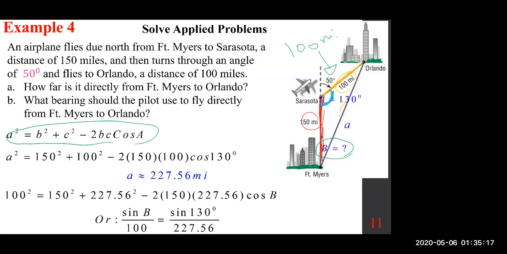And the two sides next to angle B, one of them is 150 miles. And the other one, we found it to be 227.56 miles, okay?